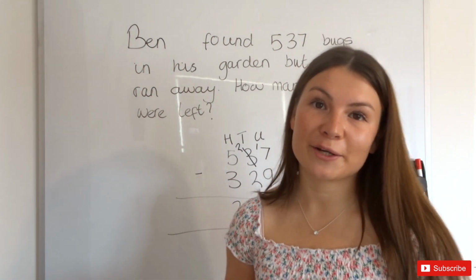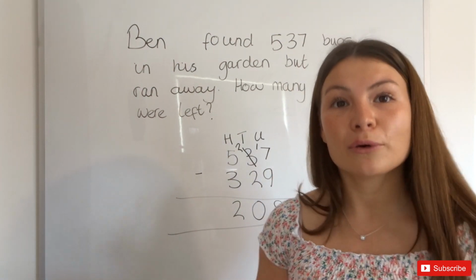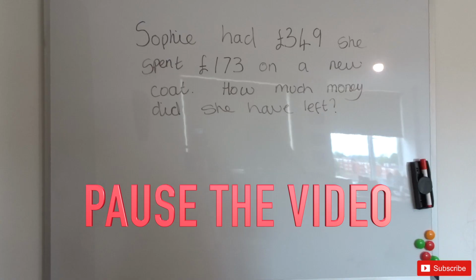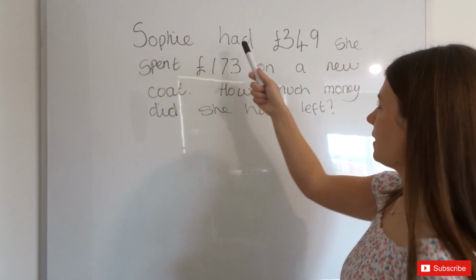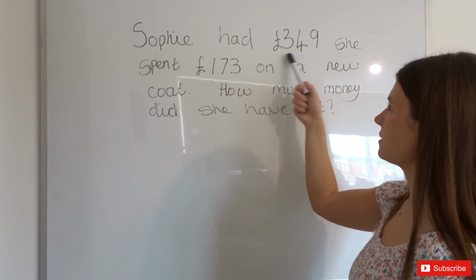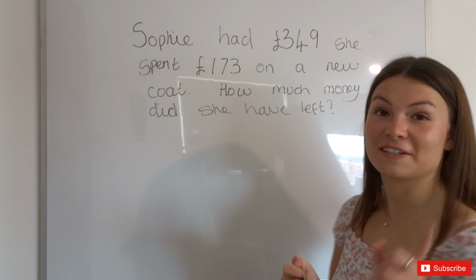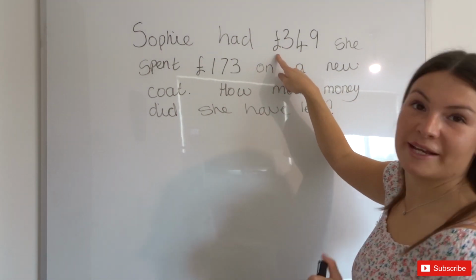So I will now put a question on the board for you to have a go at answering on your own. Pause the video while you answer it and then join me to go through it. Okay, let's go through this together. Sophie had, oh, what does this mean? We're talking money now, so that's another video that we have covered on this channel. This little symbol here means pounds.